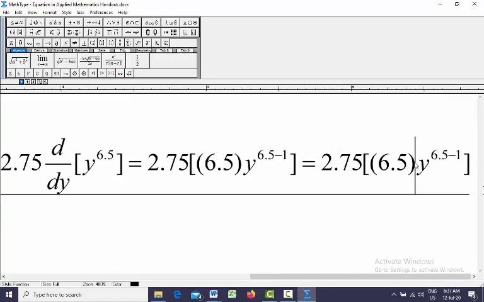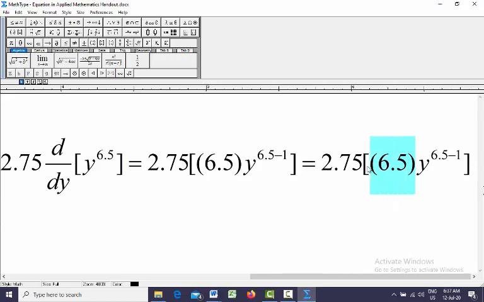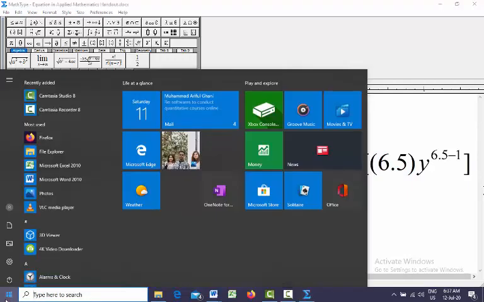So now this one should be multiplied with this one. So 2.75 multiplied by 6.5.